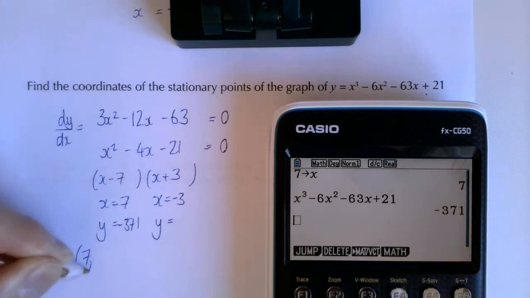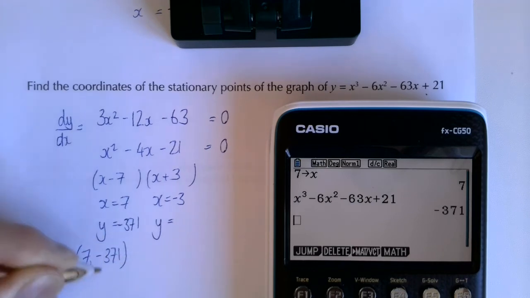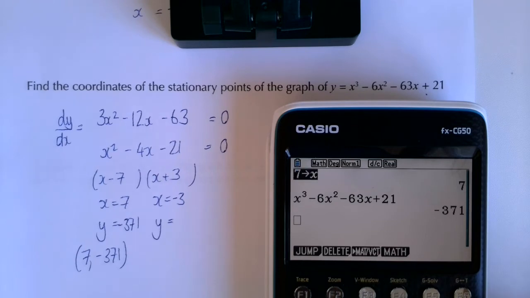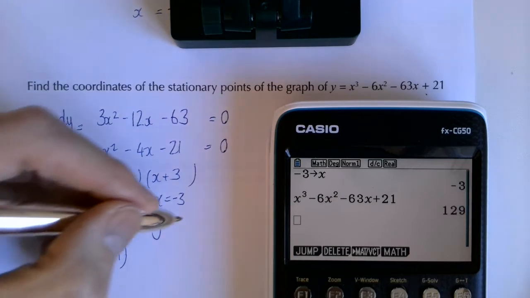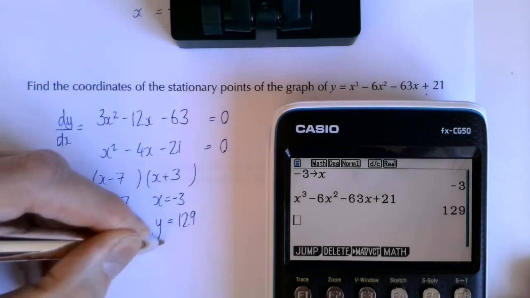So that's one coordinate. That's a really low value of y, and then I can go back up and change that to -3, then it re-evaluates it for me, 129.